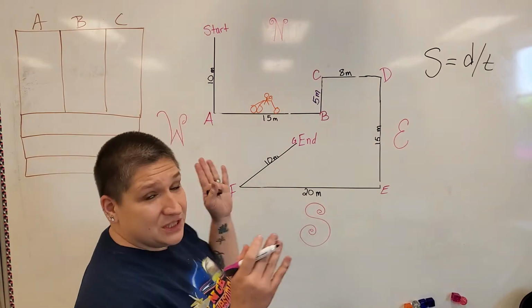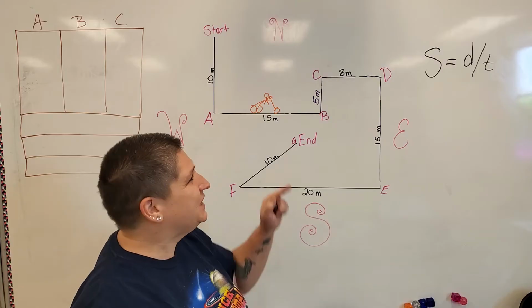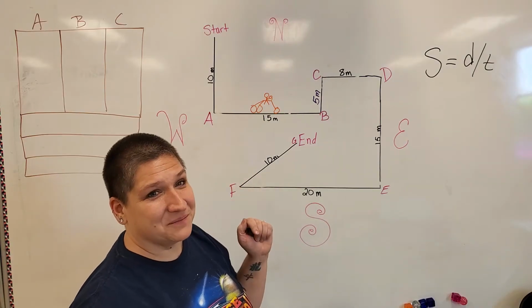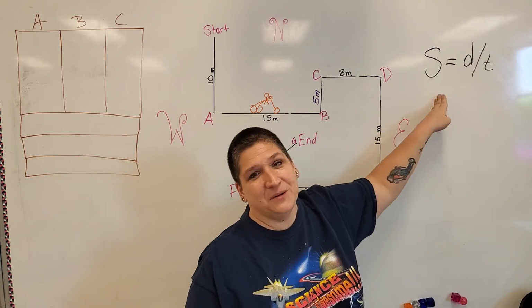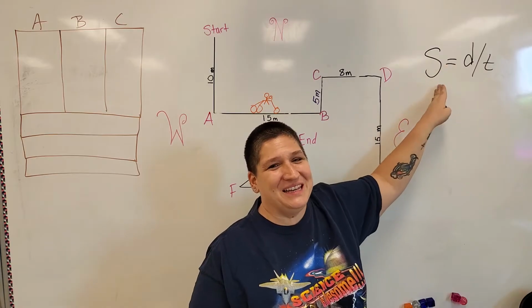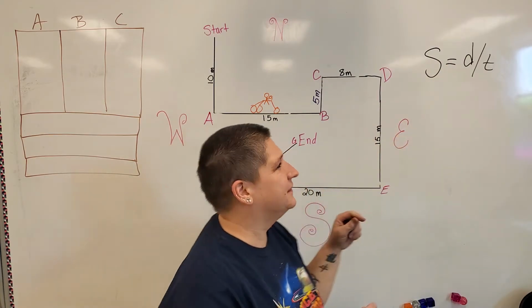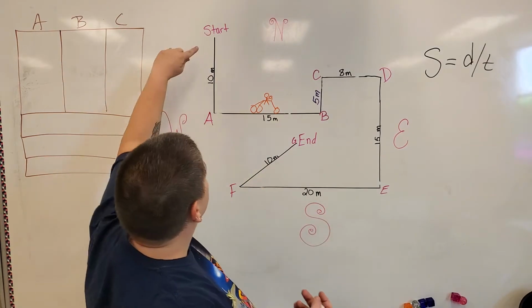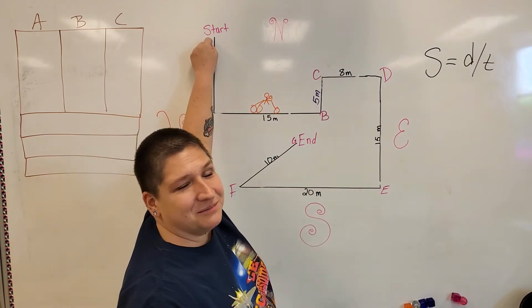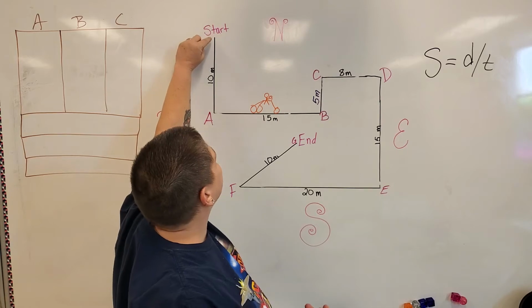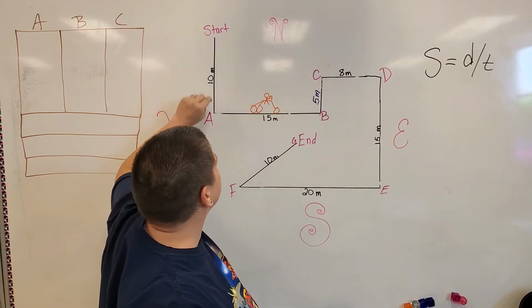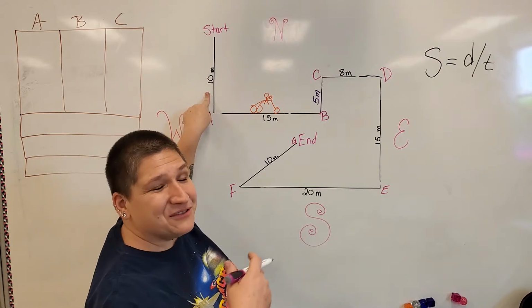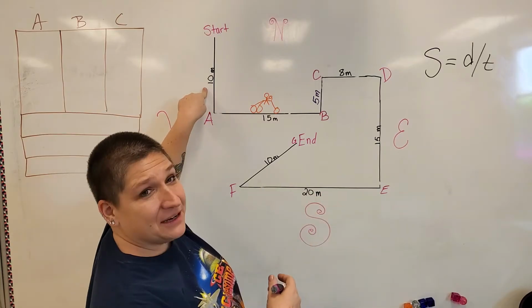So to compute speed, remember speed is equal to distance over time. Speed equals distance over time. All right, so what's my distance? Well, if I start riding my tricycle, because I have my three-wheeled tricycle, from my house to the stop sign, I've traveled 10 meters.